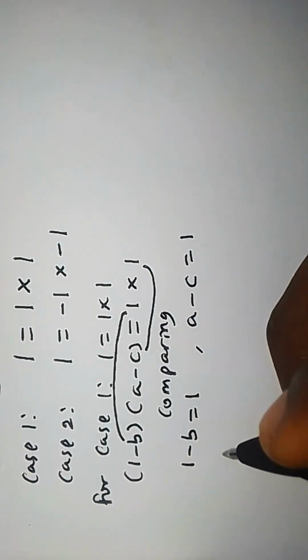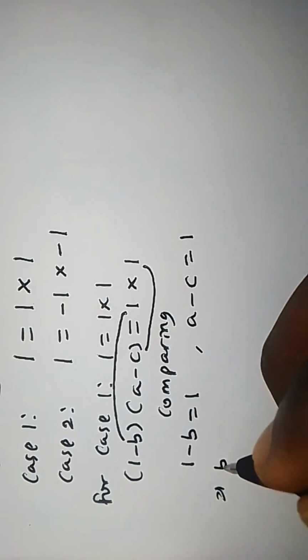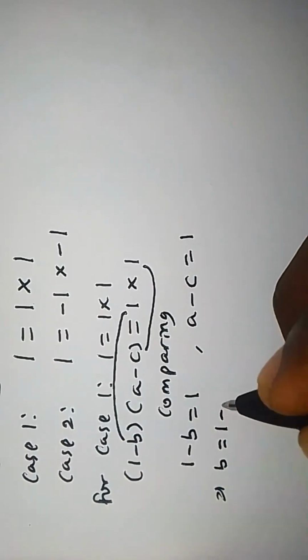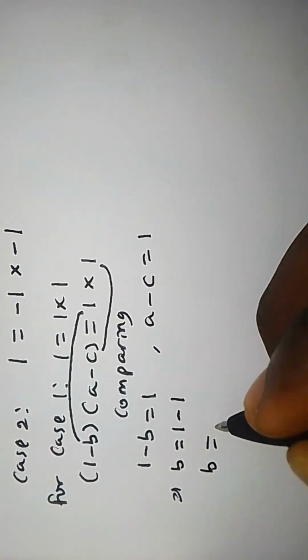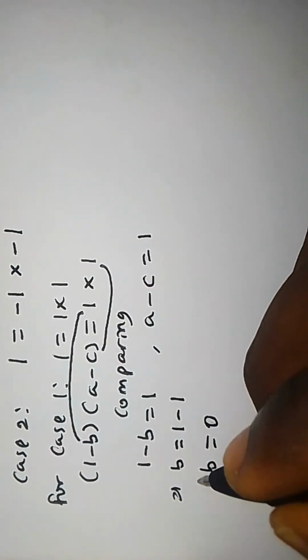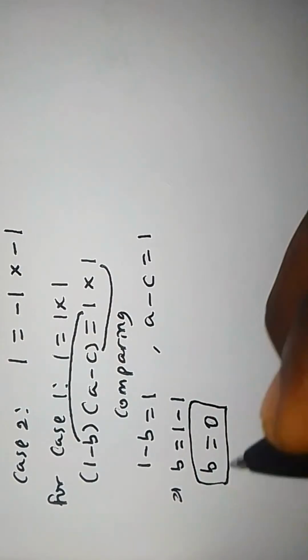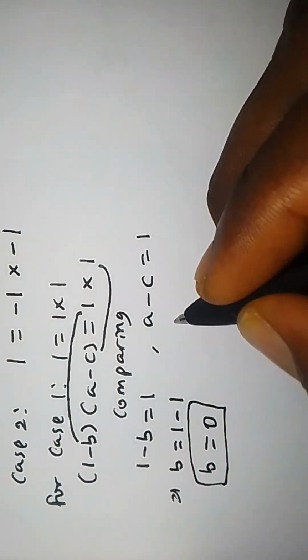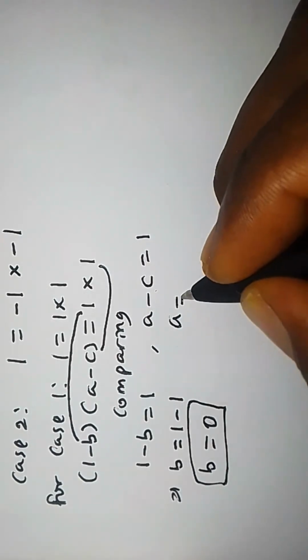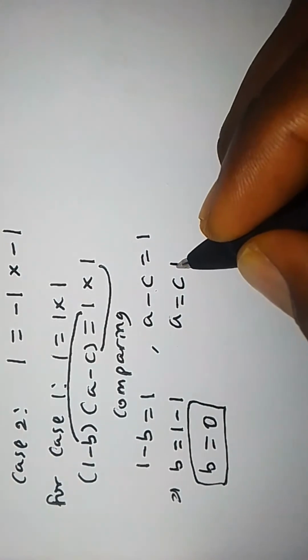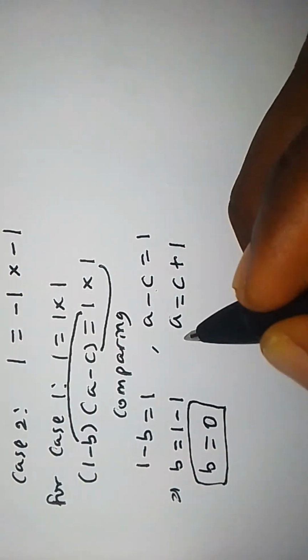From this line, it is obvious B equals 1 minus 1, that is 0. This is the value of B. Now, from this line, when we move minus C to the right hand side, A becomes C plus 1. Take note of this.